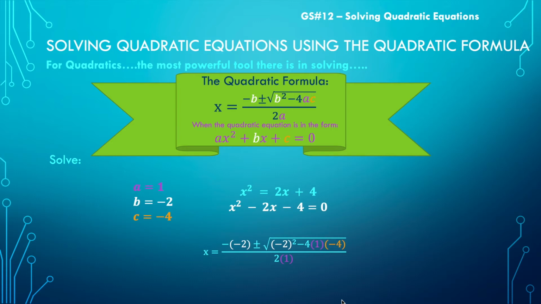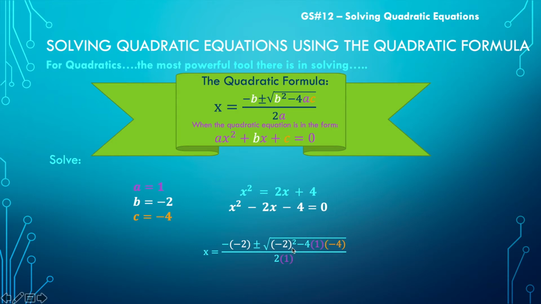Now notice, if I'm looking at this, I really can have three parts of the quadratic formula. I've got what's in front of the plus or minus, I've got the radical piece, and I've got what's underneath the fraction bar. Okay, so we're going to simplify all of those pieces, but I'm going to take just a second and simplify the radicand first.